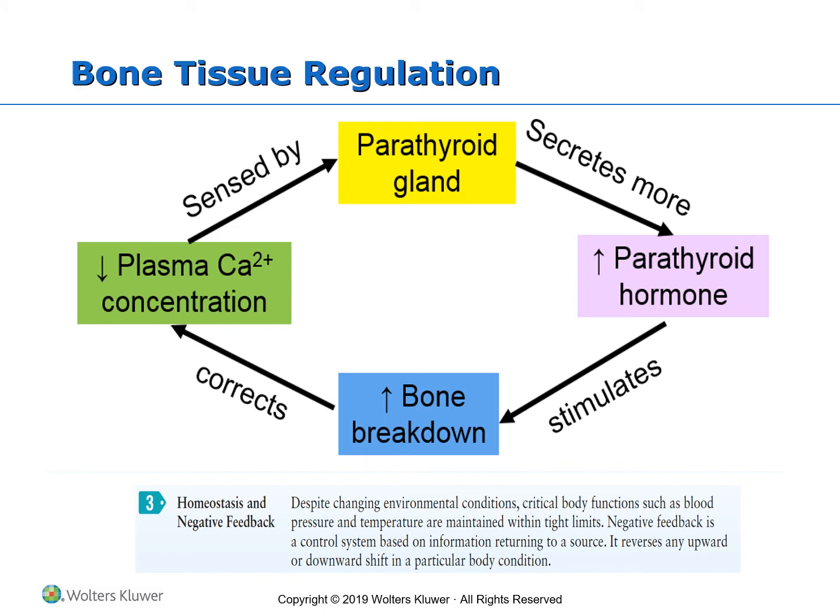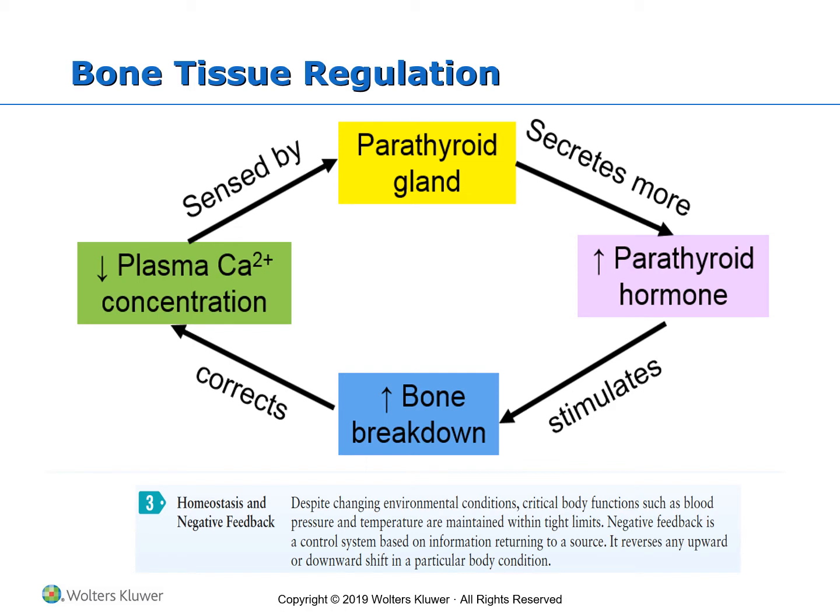The bone tissue regulation, I was telling you, is dependent on the parathyroid gland, especially the calcium. And it follows the same type of negative feedback. Whenever there are low plasma calcium levels, that will be observed and recognized by the parathyroid gland.